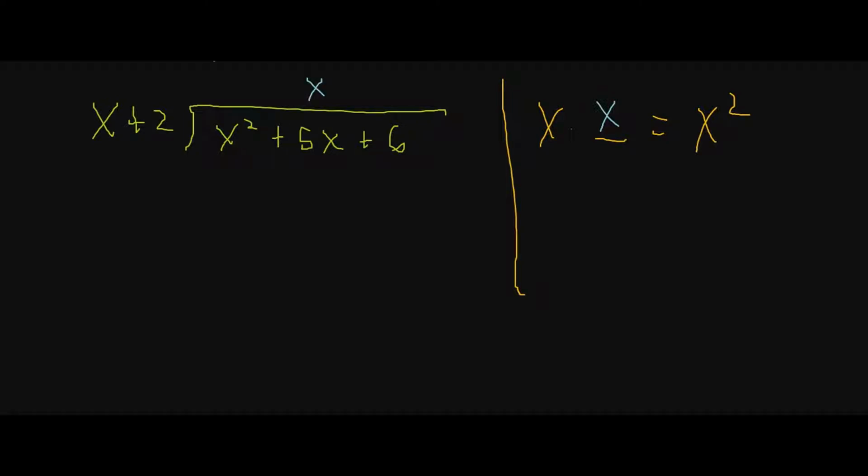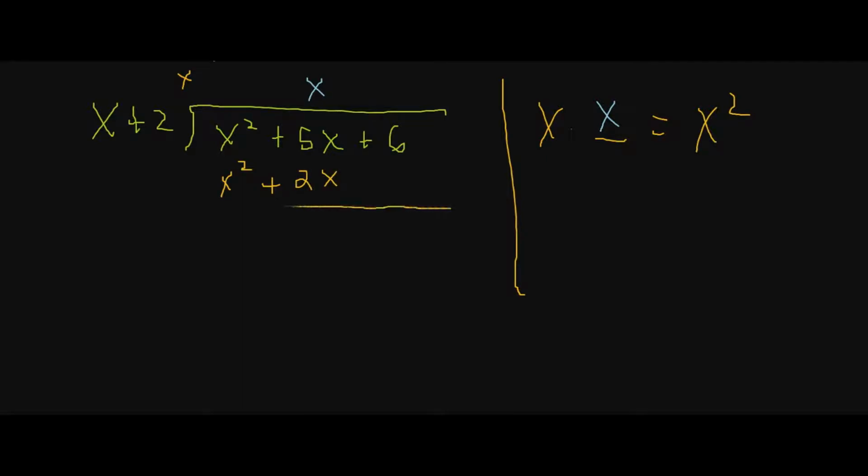Now we take this term here and multiply it with x. What's x times x? I'm putting a little multiplication sign. x times x is going to give me x squared. And then what's 2 times x? Well, 2 times x is going to give me plus 2x.